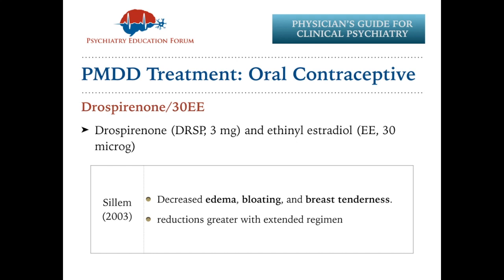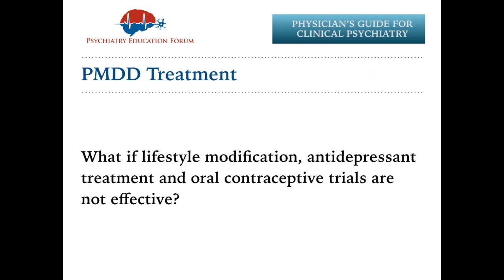And let's say a person is not showing improvement with lifestyle modification, antidepressant trial, and oral contraceptive trials, what options do we have now? There are still a few medication options available. But before we go into this, please be mindful. These medications now carry a more significant side effect profile than what we have talked about so far.